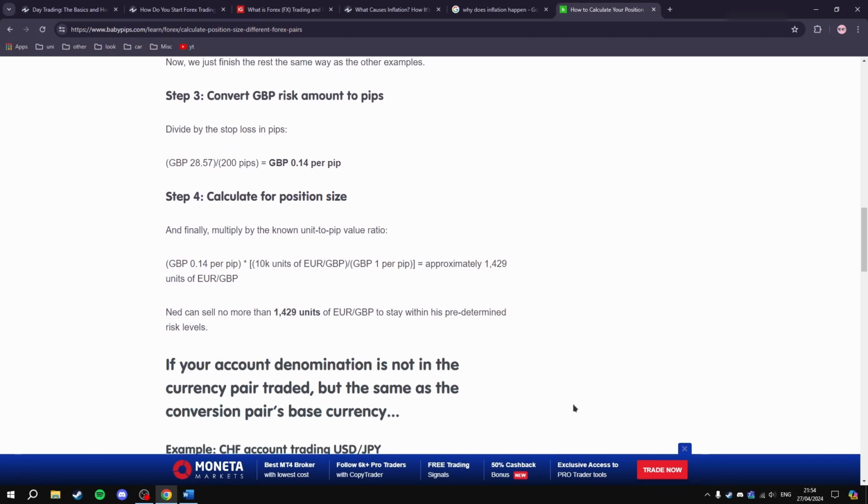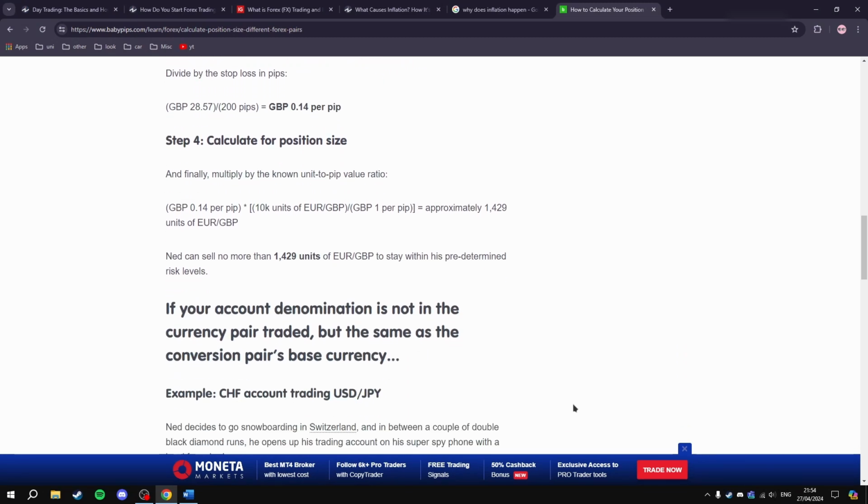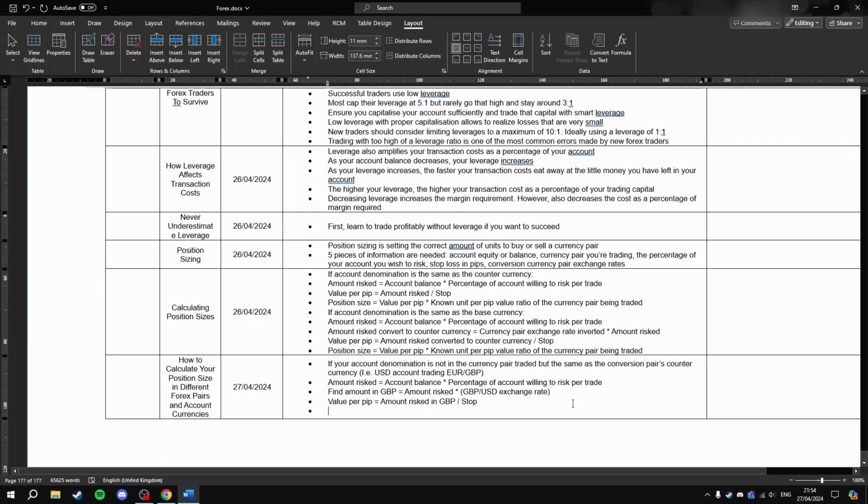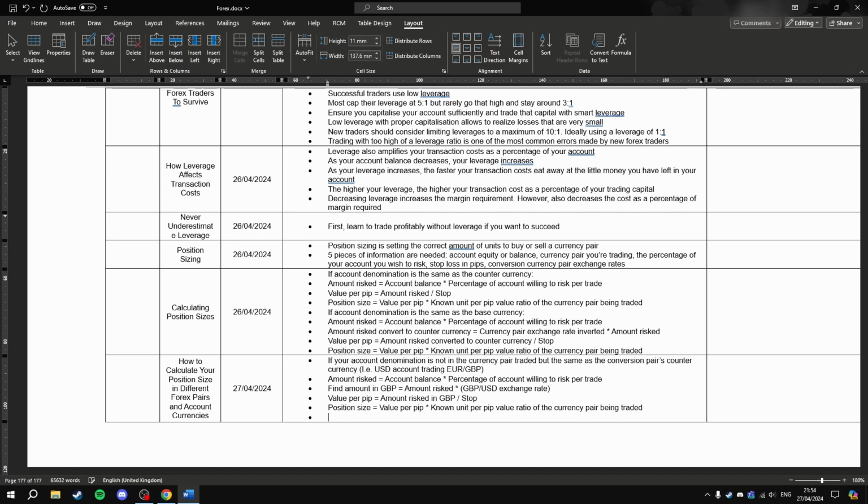Calculate position size by multiplying by the known units to pip value ratio. So position size would then be equal to value per pip times the known units per pip value ratio of the currency pair being traded.